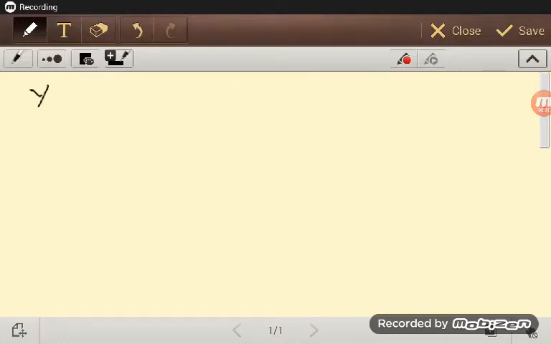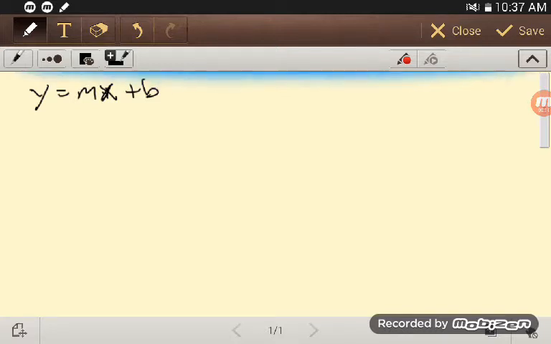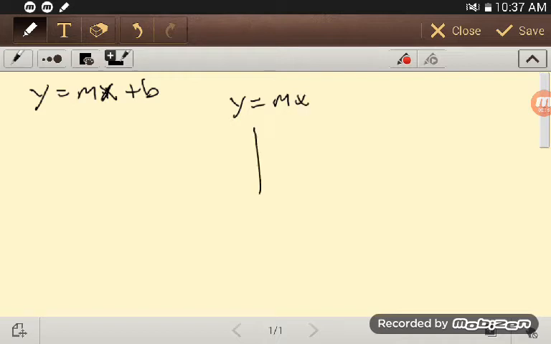Okay, so we're given the slope-intercept form, y equals mx plus b, and remember that you can think of this graphically as two parts. I start with y equals mx, and I'll draw it with a positive slope, so there's x and there's y, and I've got a positive slope.